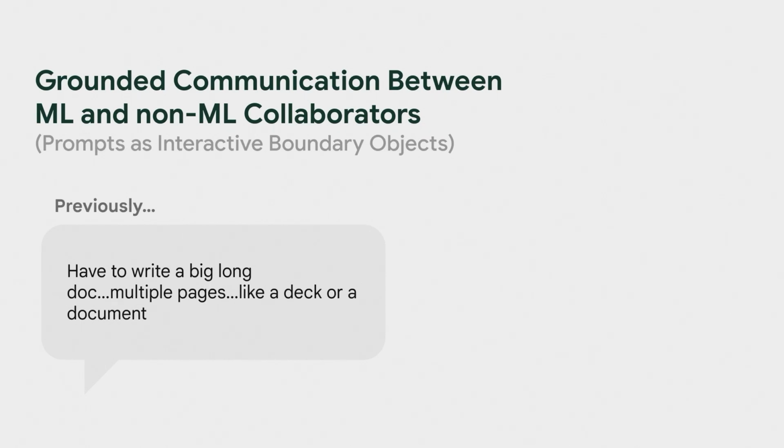And then finally, there's the idea of prompts grounding communication between machine learning engineers and researchers and non-machine learning collaborators. So you have this idea of the prompts themselves as boundary objects. Previously, if they had an idea and wanted to communicate it to machine learning researchers, they had to write a big, long doc, multiple pages, like a deck or a document.